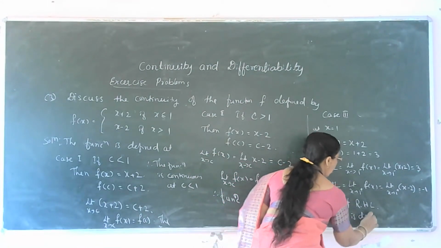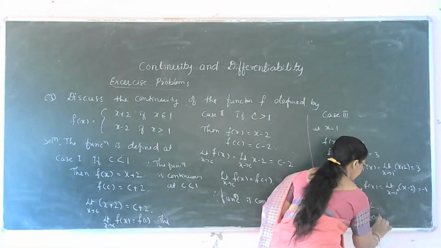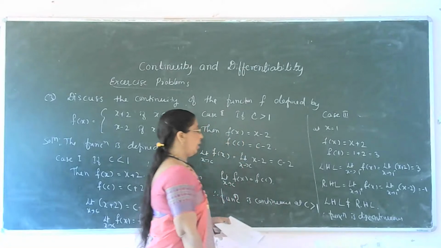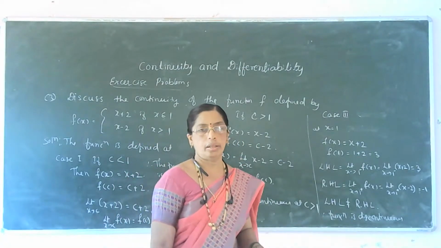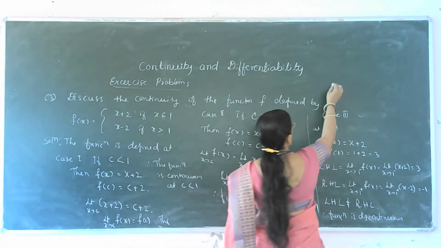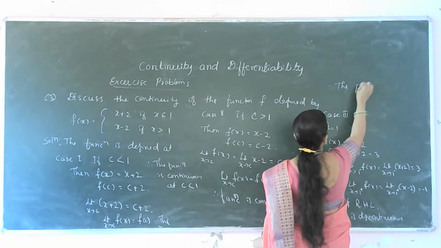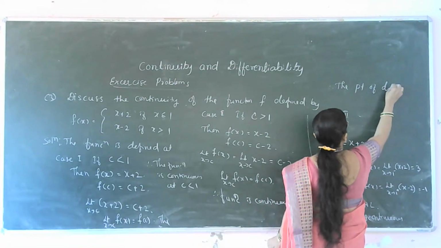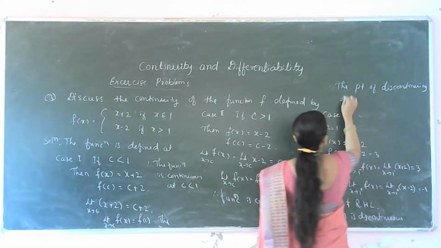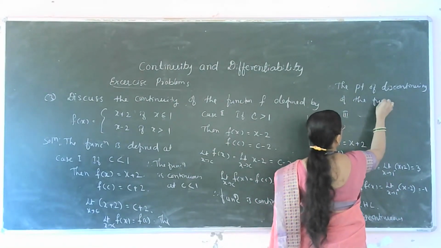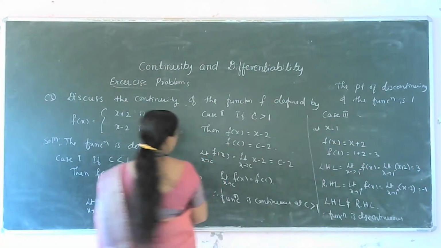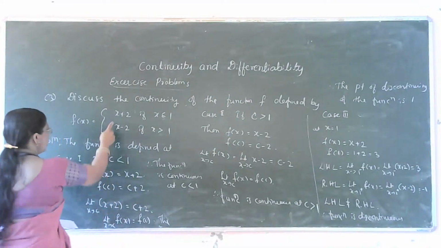The function is not continuous. The point of discontinuity of the function is 1. We will draw the graph of this function also.